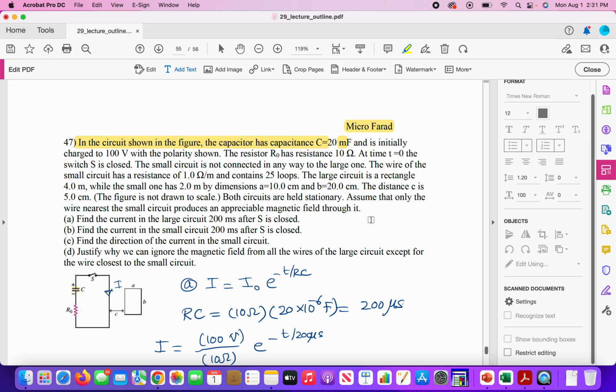The large circuit is rectangular, 4 meters by 2 meters, while the small one has dimensions A equal to 10 centimeters and B equal to 20 centimeters.